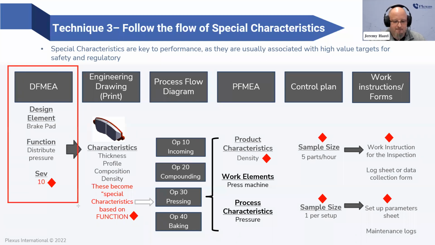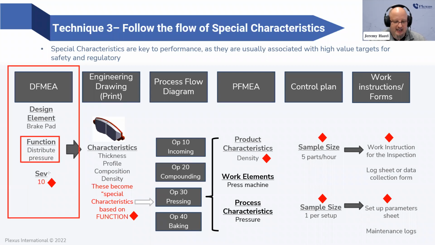If we are making brake pads, the function from the DFMEA gives us the severity. This severity is then carried down to the drawing. Notice here the ability to distribute pressure is made possible through the thickness, profile, composition, and density. This is where the characteristics come in.